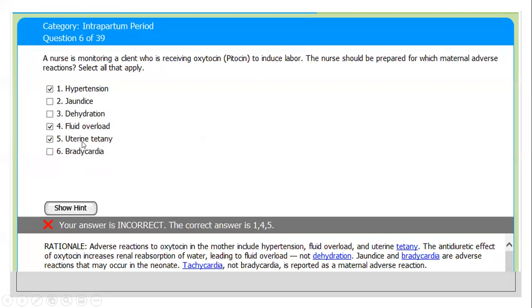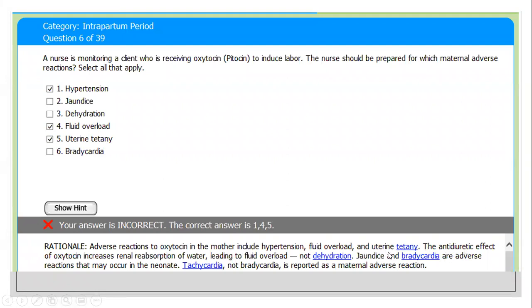Bradycardia, no, it can cause tachycardia. Rationale: adverse reactions to oxytocin in the mother include hypertension, fluid overload, and uterine tetany.